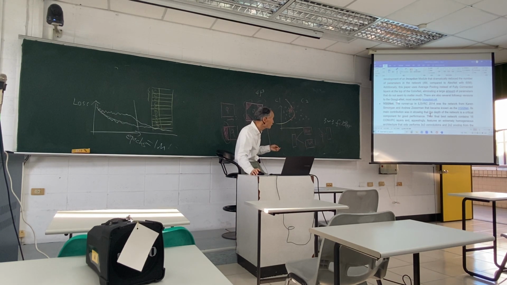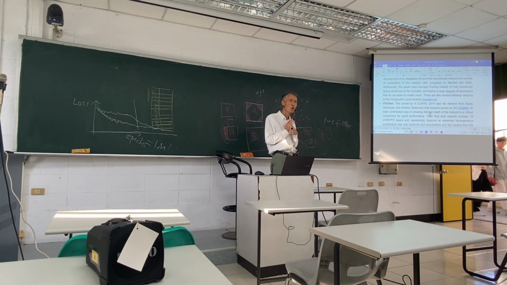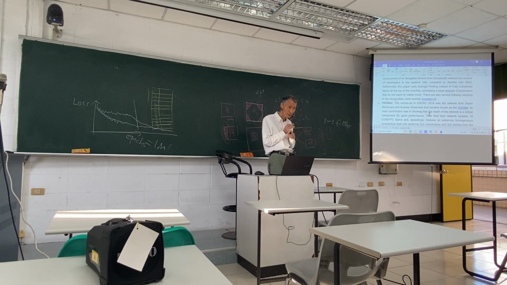VGG has two versions. One is called VGG 16, the other is called VGG 19. Also, you can download the VGG pre-trained model, pre-trained with ImageNet. You know the ImageNet has more than 1 million images containing 1,000 classes.